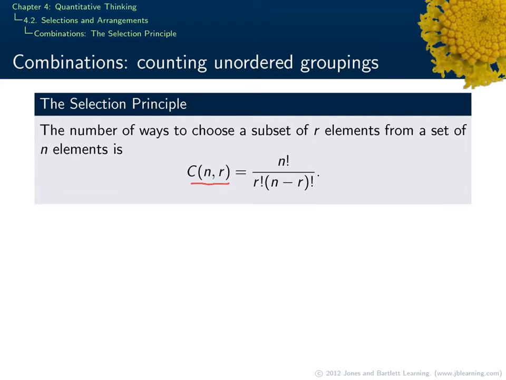In fact, n factorial over (n minus r) factorial is the number of ordered lists of r elements drawn from a set of n elements. But now, to get just the selections without order, we divide our number of permutations by the number of possible orderings of those r elements that have been selected.